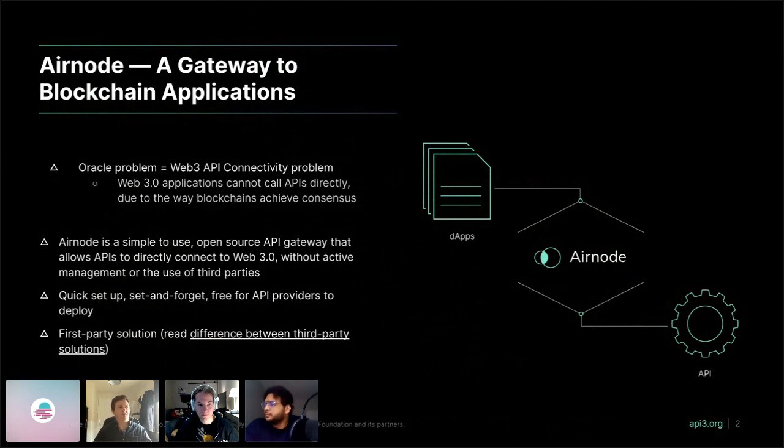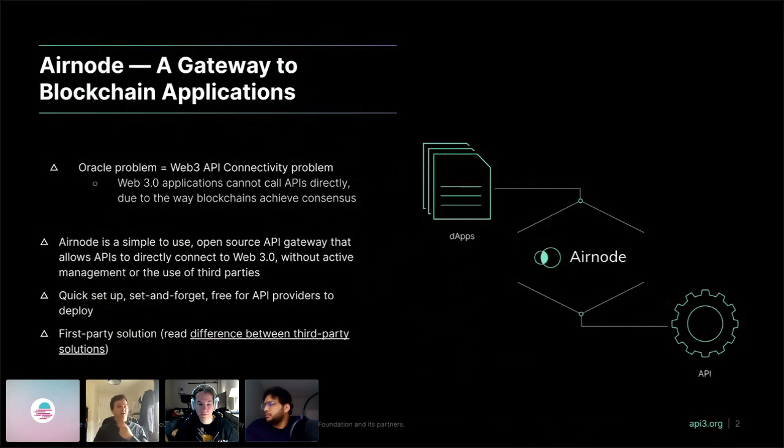And really what we focused on delivering is a first-party Oracle architecture. So, taking back a little bit of history to Oracles. The Oracle problem, as outlined in the Ethereum documentation, is that you need to have multiple sources of data to provide a decentralized feed. On the route of delivering that, I think there's also been some other challenges that have been introduced.